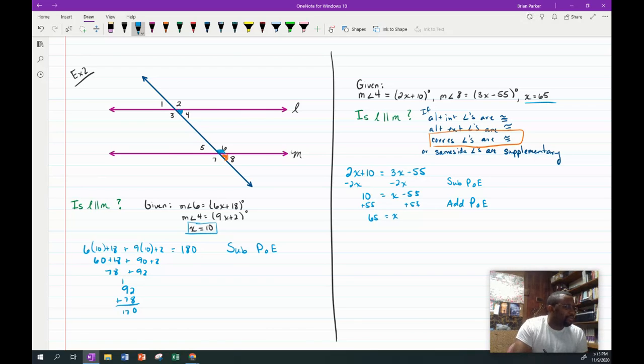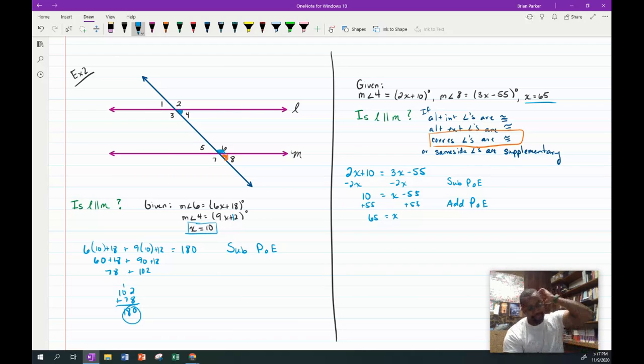Ooh, did I do something weird here? Let's take a look real quick, because I mess up sometimes. And I realized I copied the problem down wrong. This was supposed to be 12 here, which means that's supposed to be 12 there and 12 there, which makes this 102 and not 92, which then turns this into 180.